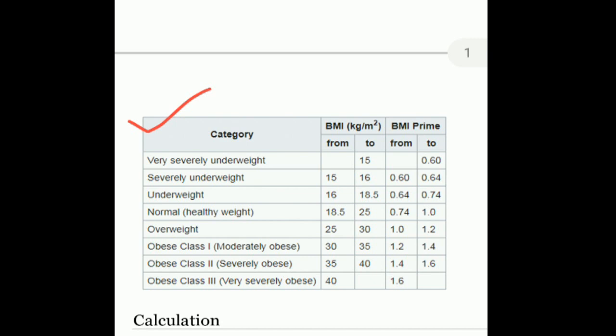It starts from 30 to 35, and next 35 to 40, and very severely obese starts from 40. So comparing with this table, we can identify our physical condition according to the BMI rules.